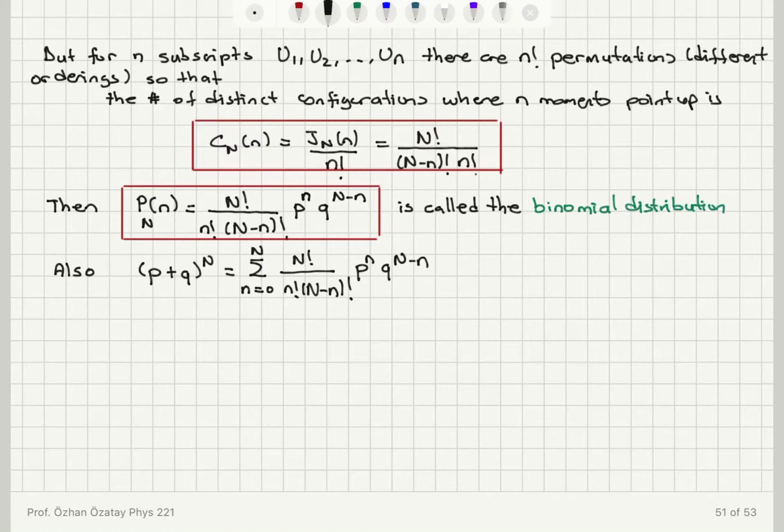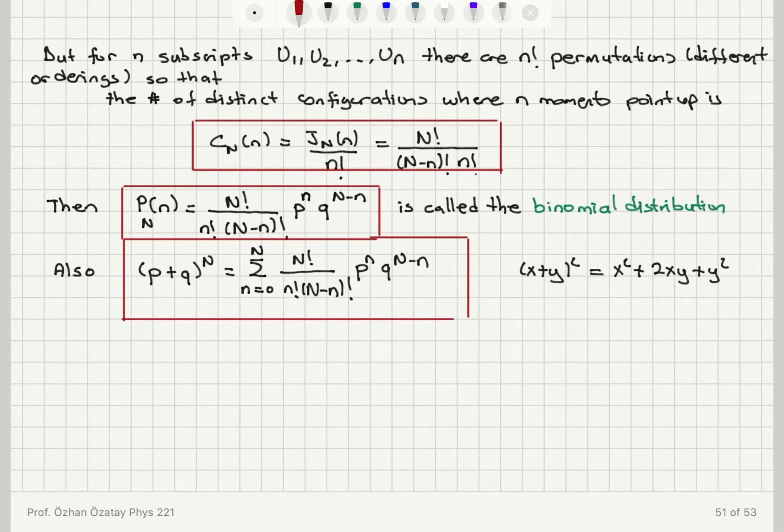For example, if you have x plus y squared, this is x squared plus 2xy plus y squared, etc. So these polynomial expressions are all given by this binomial theorem.